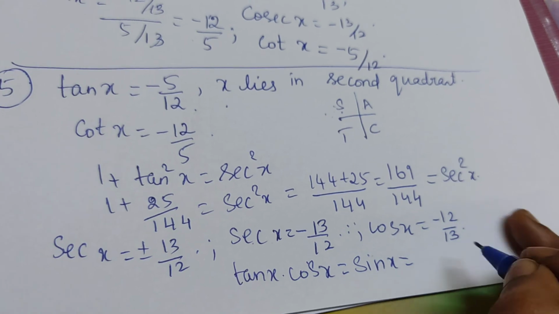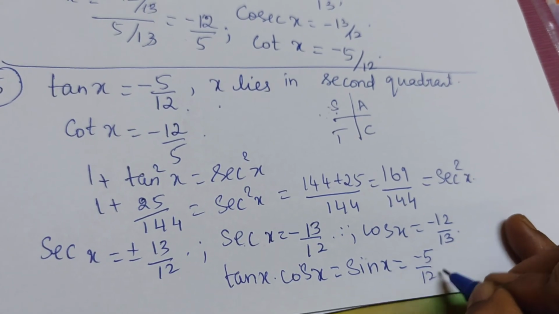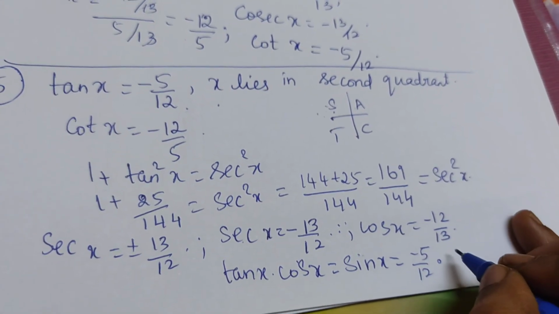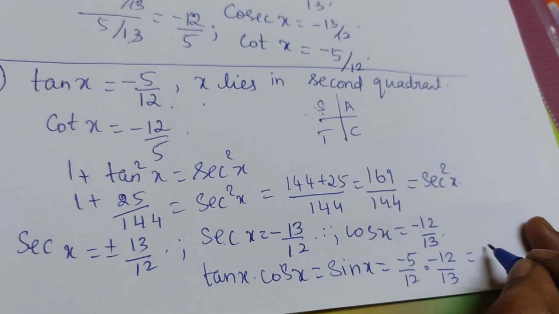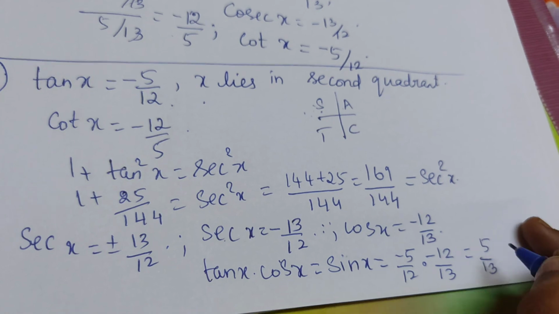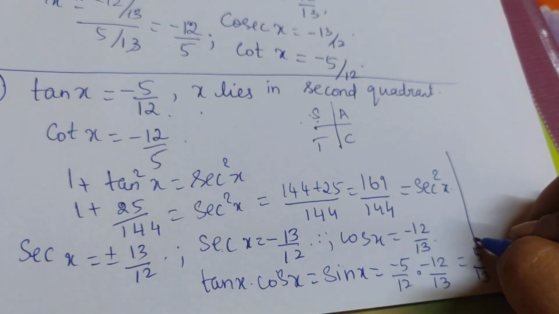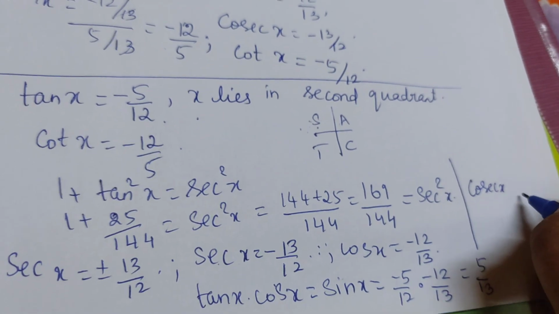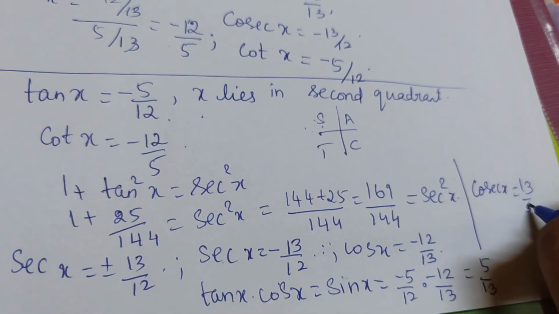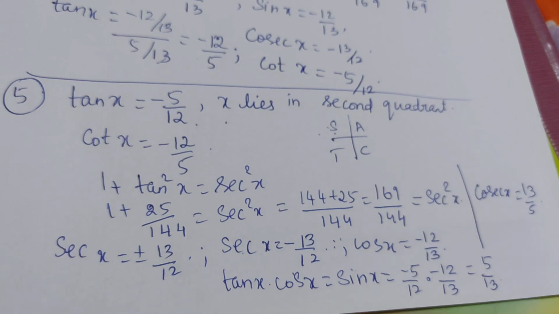So tan x value is minus 5 by 12, cos x is minus 12 by 13. So we will get 5 by 13. Sin x is 5 by 13. And the inverse of sin x is cosecant x, that is 13 by 5. With this we have got all required ratios.